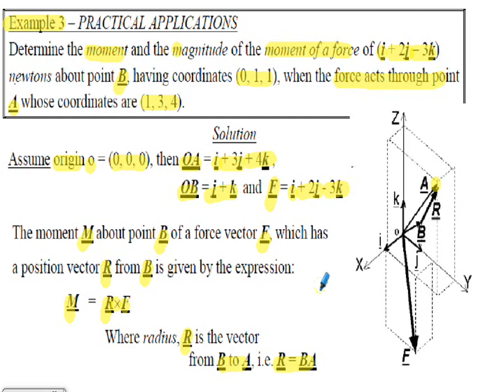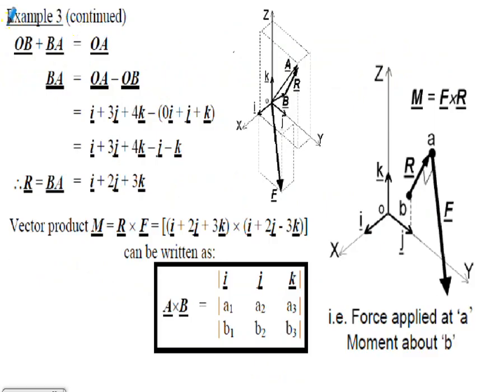We have to find R because that's our displacement from point B to A, where the force vector is applied. So what we need to calculate first is the vector B to A.